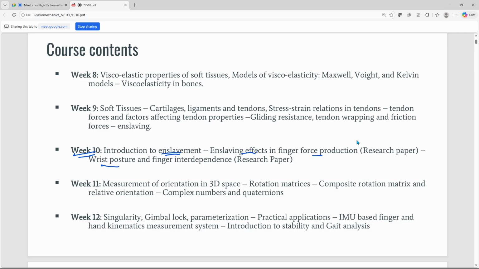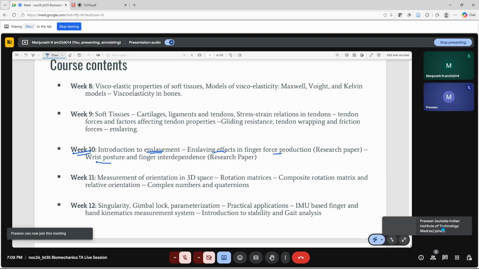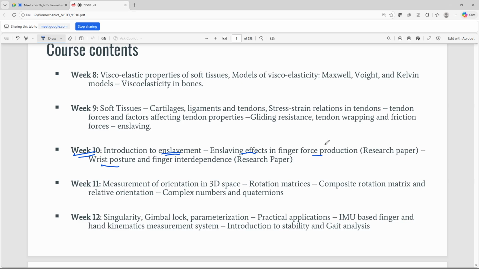These are the two key facts investigated in these two papers. These papers are at the forefront of finger enslavement studies. You can check them if you want to know more. In today's session I will be discussing the questions that may come in your final exams from this week's videos.